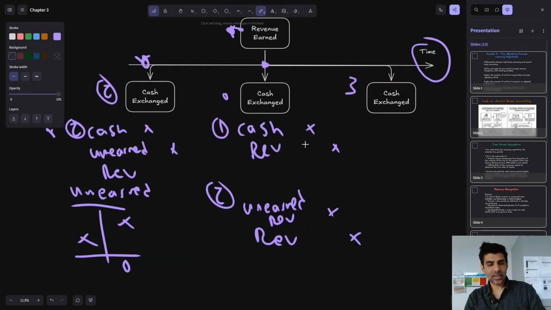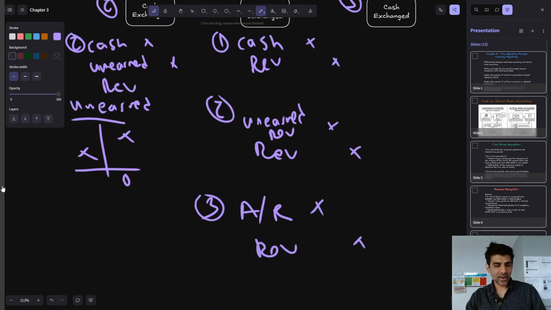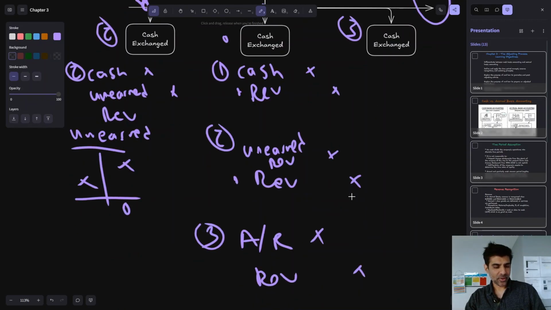Now, scenario three, we've also seen before where we earn the revenue and then we get the cash later. What is that? What's scenario three? Accounts receivable. Exactly. Accounts receivable, debit, revenue is credited. So you can see here in all three scenarios, revenue is getting credited because we earn the revenue when we actually perform the service or sell the item.